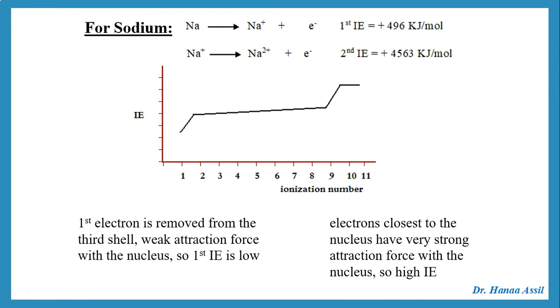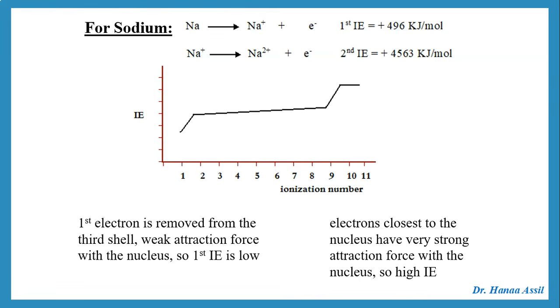But as I go into the second ionization energy, I am going into an inner shell, which is more strongly attracted to the nucleus. So you see a huge jump in the ionization energy from the first to the second, because the first removed the outermost electron, the third energy level. Now I'm going into the second energy level, an energy level that is closer to the nucleus. So there is a huge jump in the second ionization energy.